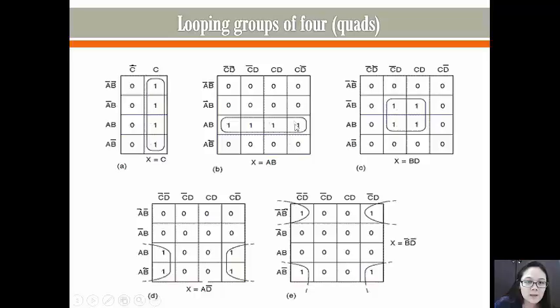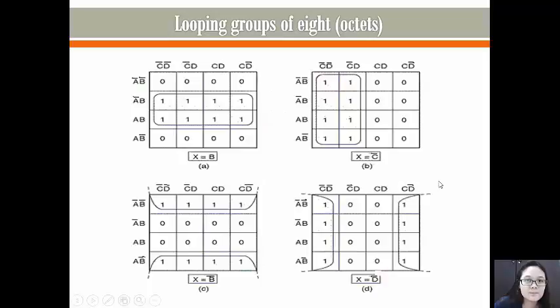So here straight, horizontal, square, and a corner grouping and a side grouping. This is the looping group of 8. In the center, side, up and down, and right, left and right.